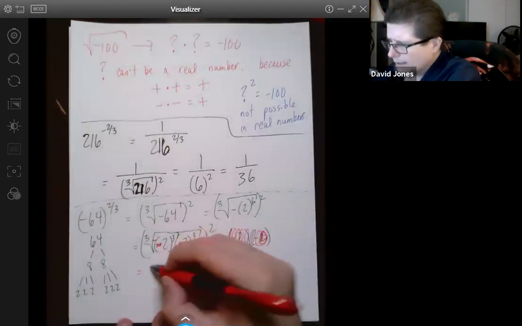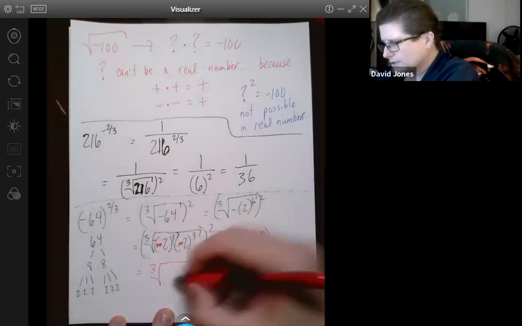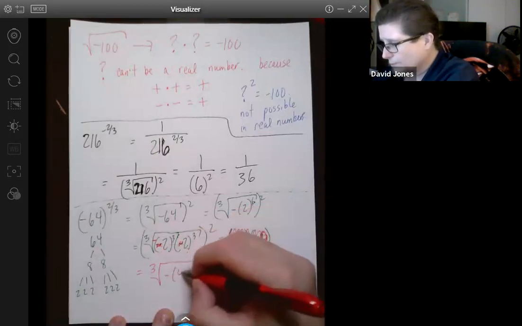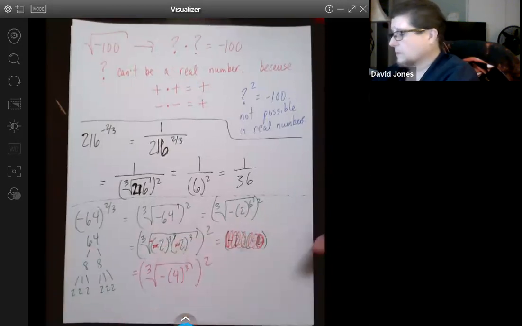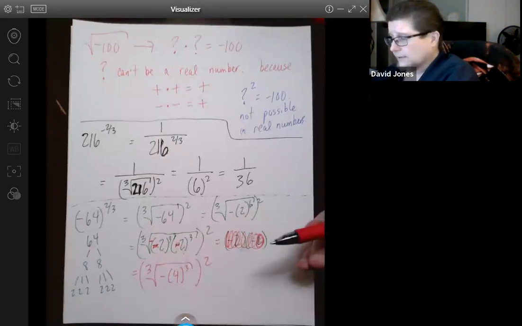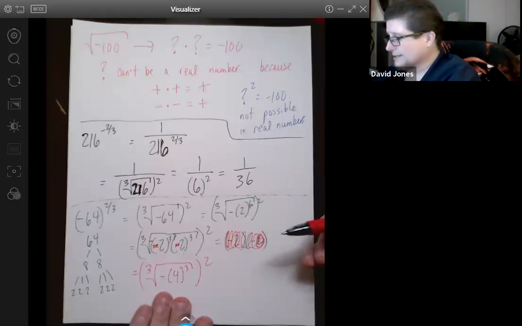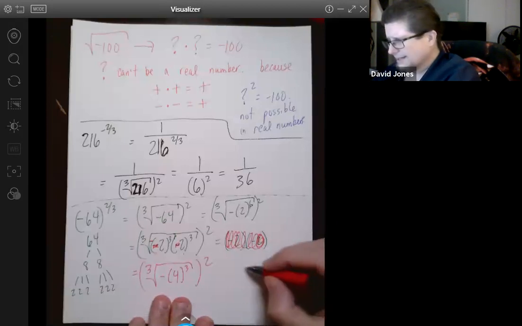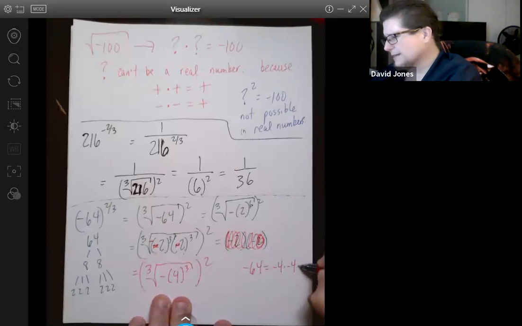So I'm going to rewrite that as the cube root. 2 cubed times 2 cubed, I could do that as the same thing as 4 cubed, right? And here the negative can go inside. Is negative 64, can I do negative 4 times negative 4 times negative 4?